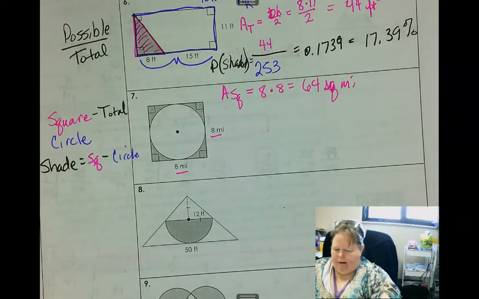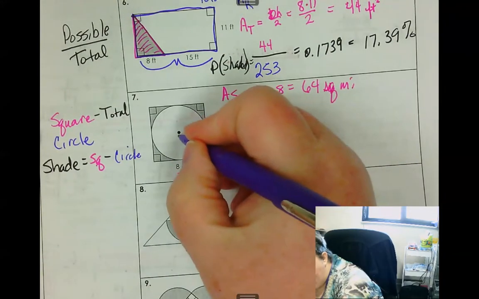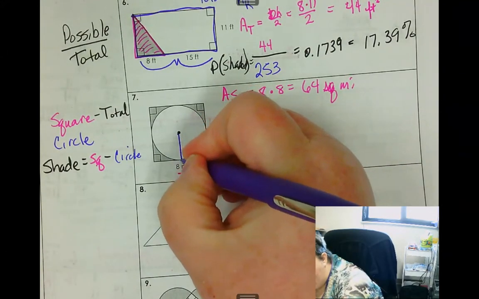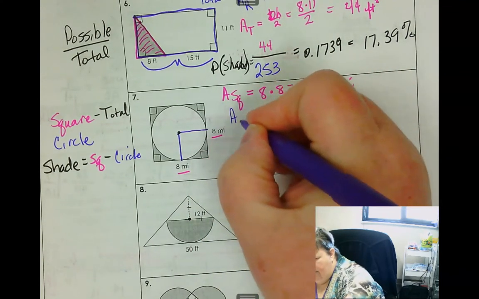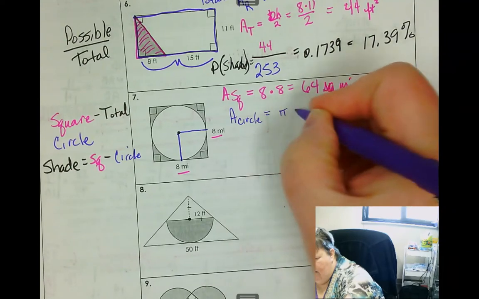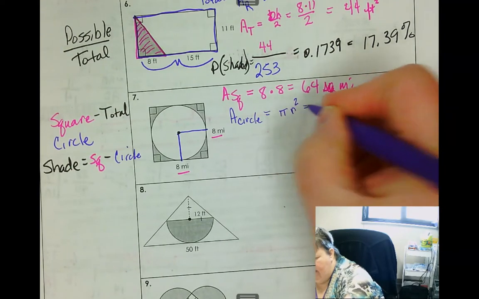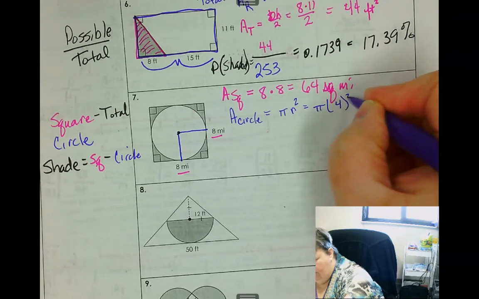All right, let's find the area of the circle. So the radius goes from the center to there. Area of the circle equals pi r squared, which equals pi times 4 squared.